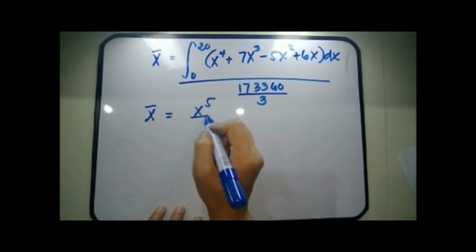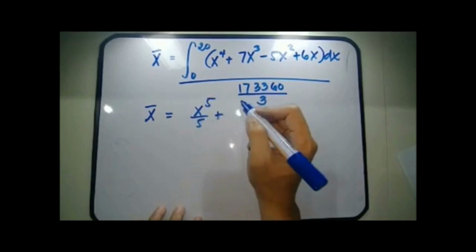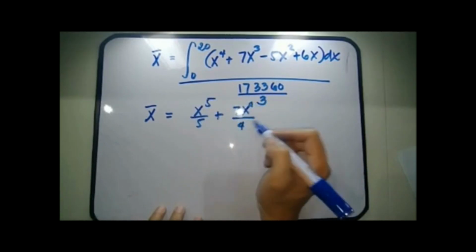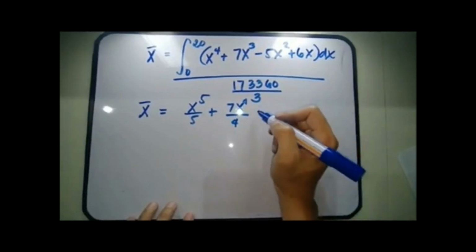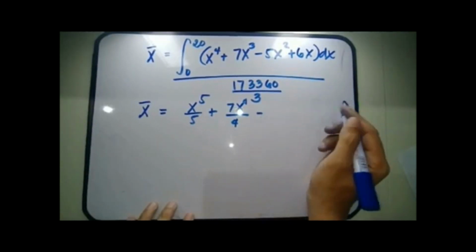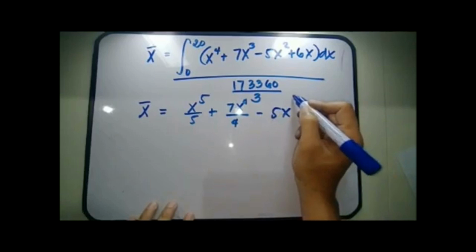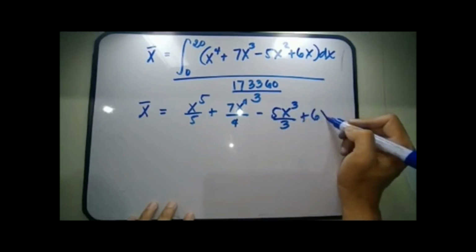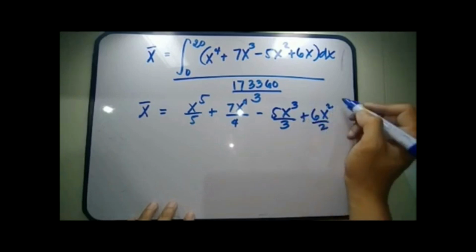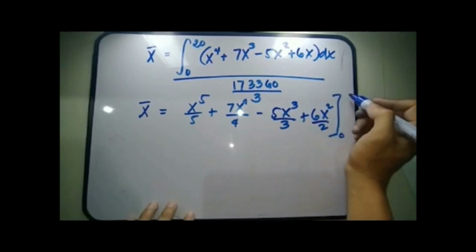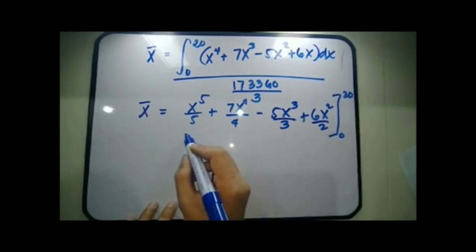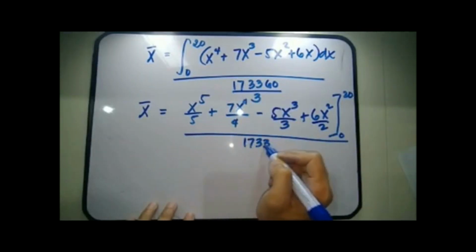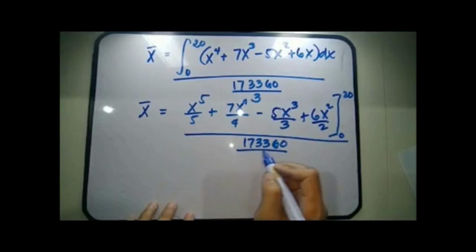So, we have here x raised to 5, that is power formula, all over 5, plus we have here 7x raised to 4 all over 4 minus 5x cubed all over 3 plus 6x squared all over 2. So, from 0 to 20. So, this is all over 173360 all over 3.